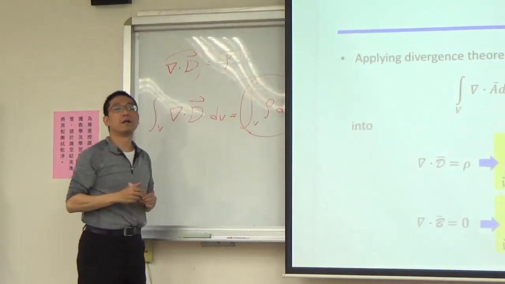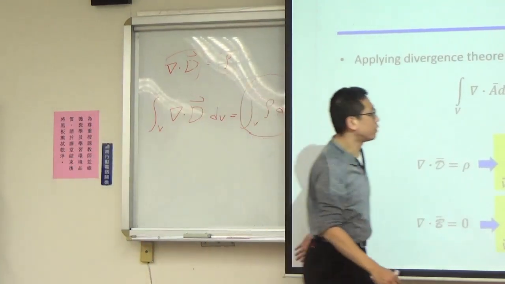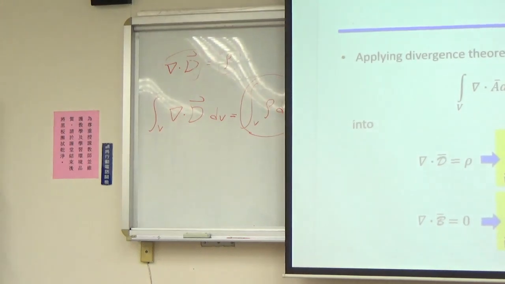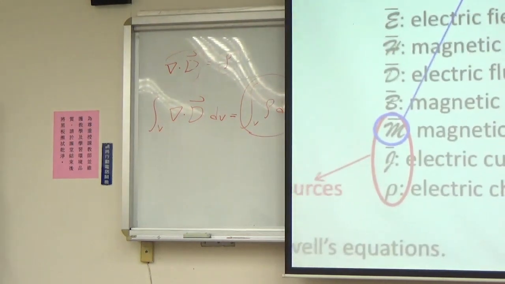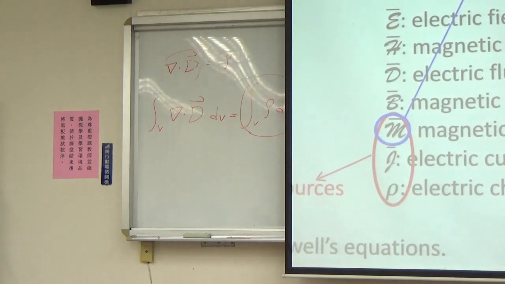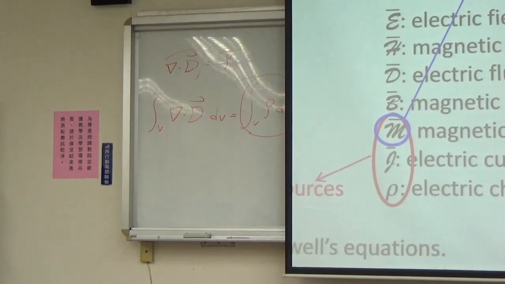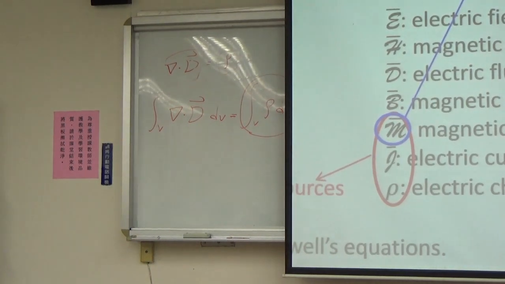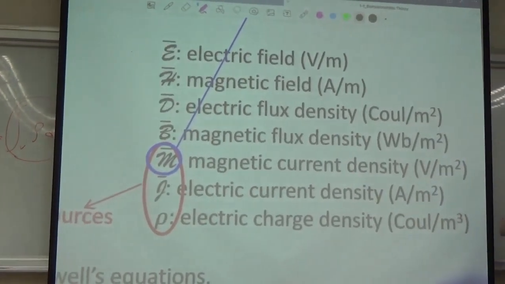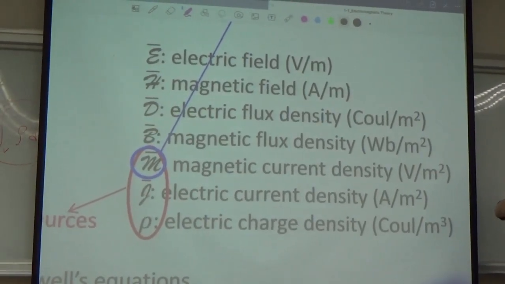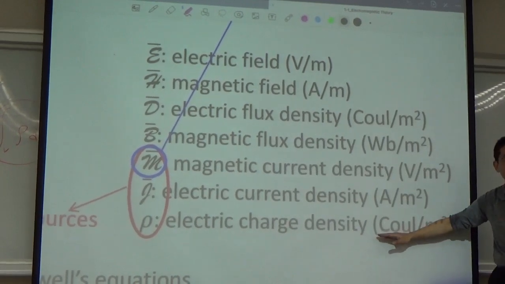What is the definition of this load? The definition of this load is the electric charge density. How many charge in a volume? 在一个体积里面有多少的电荷？Okay, it's okay. If you can understand, it's fine.